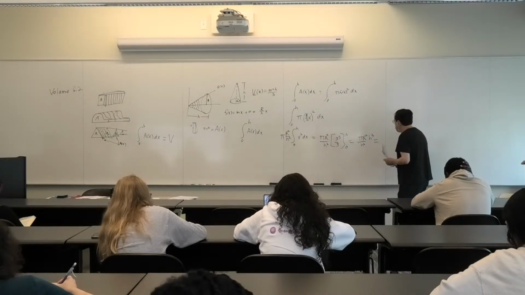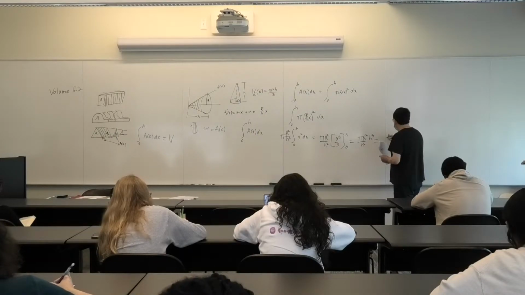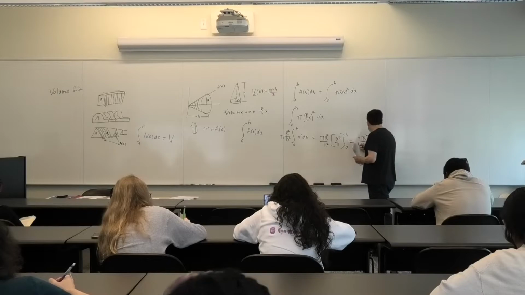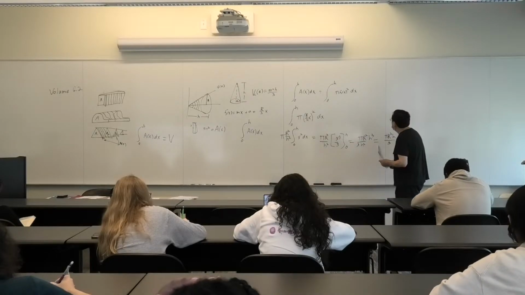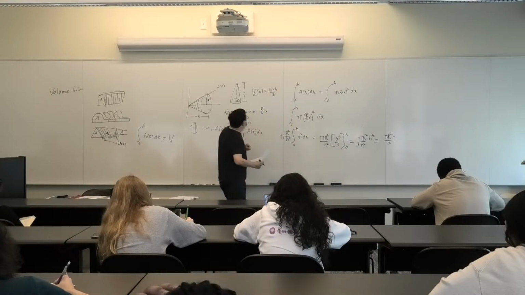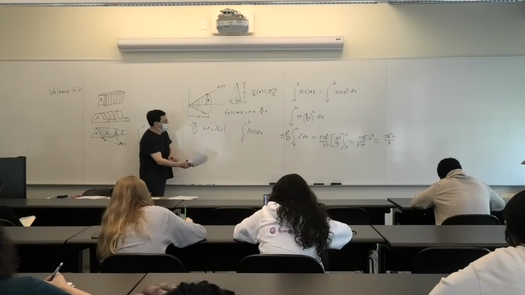That looks a little better. Pi r squared h over 3. Okay, so that's again our mysterious volume of the cone.